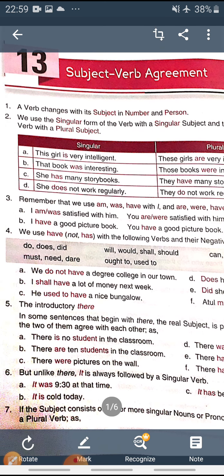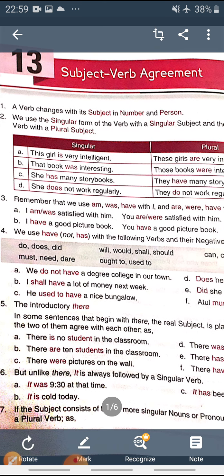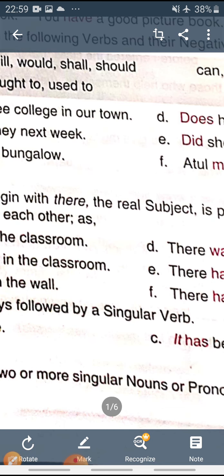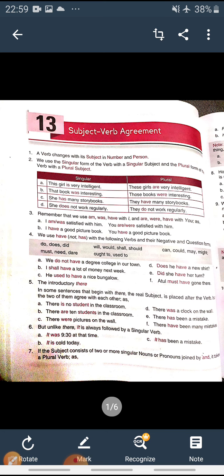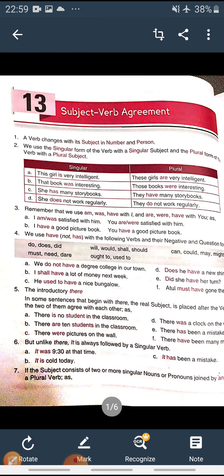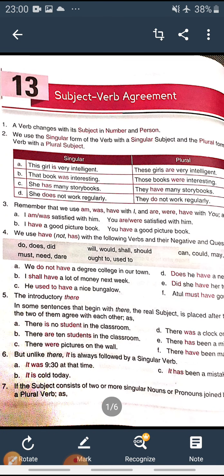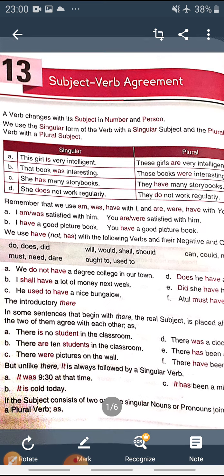Now, the introductory there. In some sentences that begin with there, the real subject is placed after the verb, but the two of them should agree with each other, the verb and the subject.